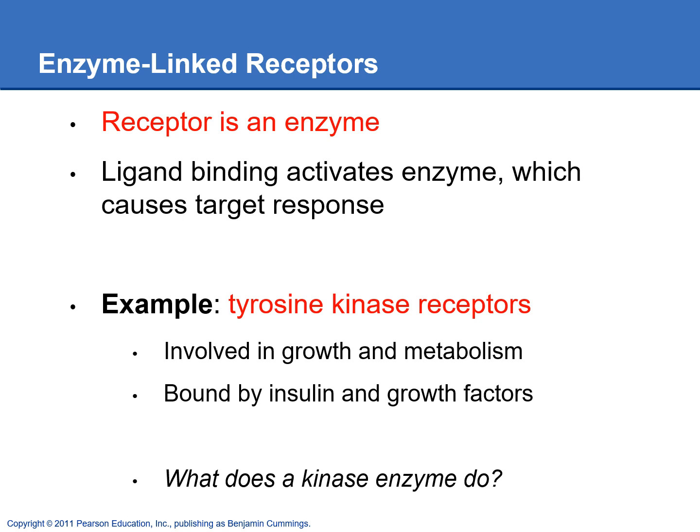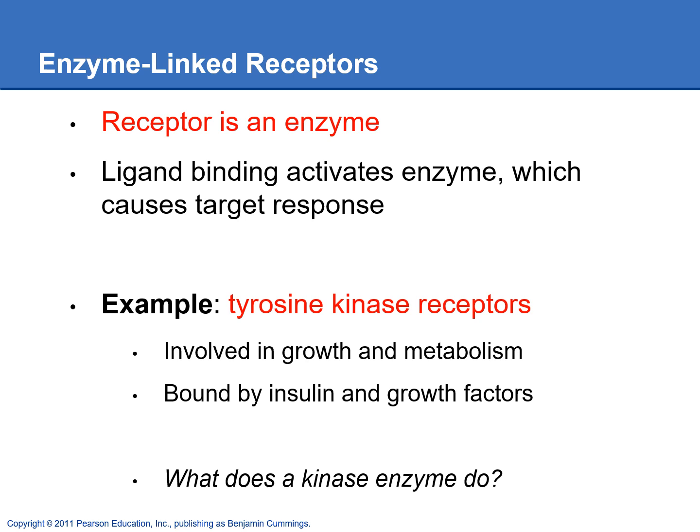Okay, another type of cell surface receptor are the enzyme-linked receptors. So the receptor is actually an enzyme. It's going to be turned off until the hydrophilic ligand binds, and then the enzyme gets turned on. An example of an enzyme-linked receptor is the tyrosine kinase receptor. And these are going to be involved in growth and metabolism responses.